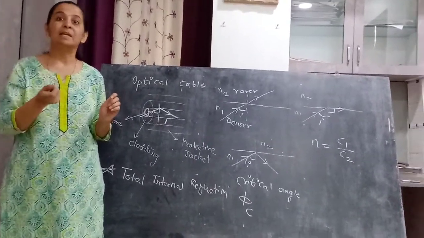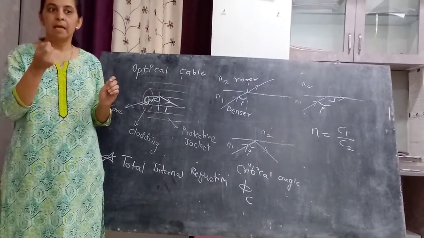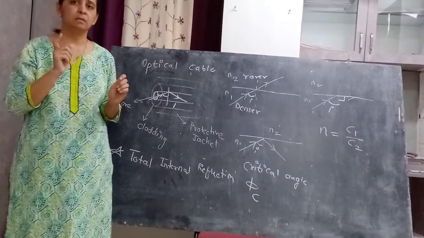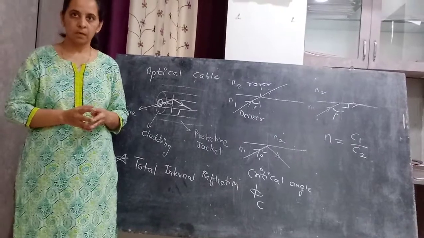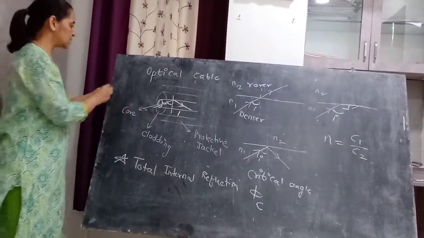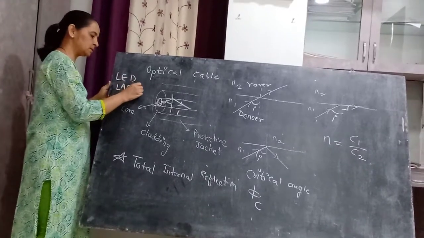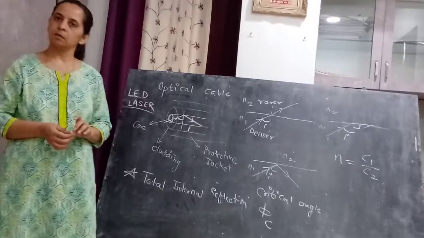So we go for lasers. Lasers are very small in size, and the light coming out from a laser is of very high intensity, right? So either you can use an LED as a source or a laser as the source for optical communication.